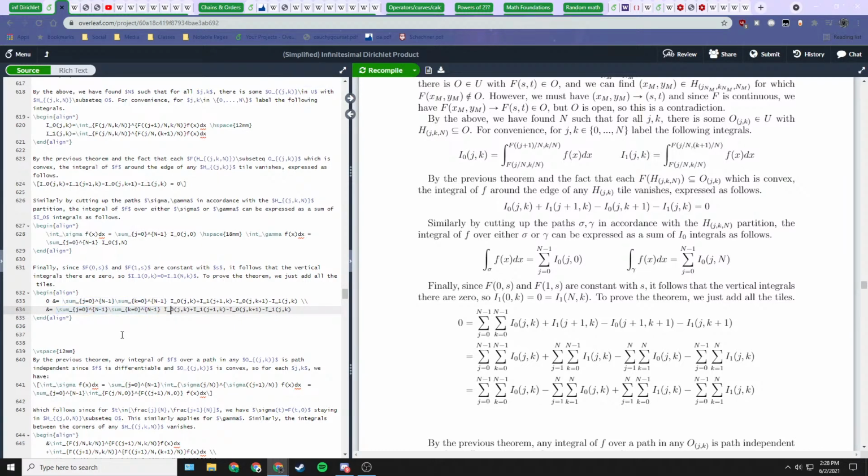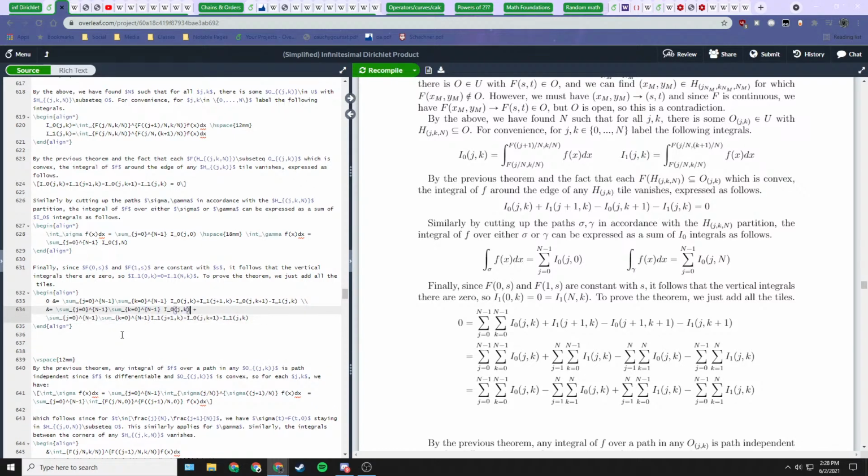So we have I0, add up this I1 term, subtract off this I0 term, and then subtract off this I1 term, and then we're going to do our index shifts. So we have this j plus 1, so j gets incremented by 1. And over here we have k plus 1, so this k gets incremented by 1.